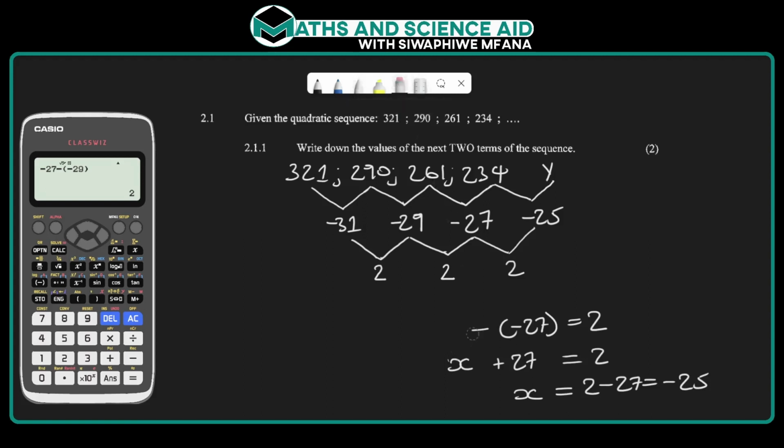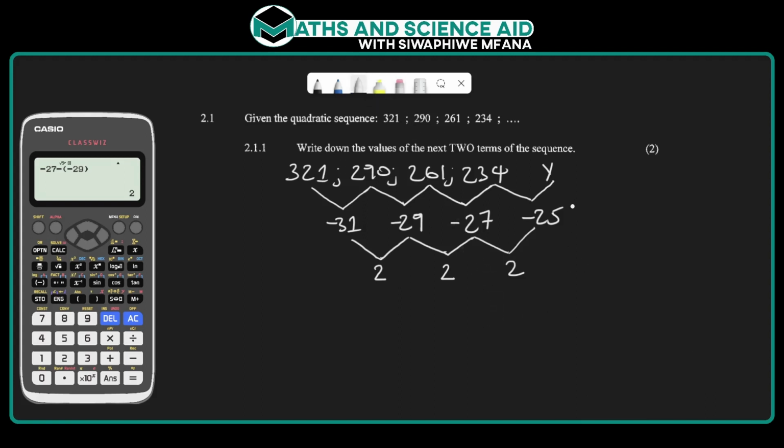And then we know that y minus the 234 must equal to negative 25. Okay, and so we can solve for our y value there, and it is going to be equal to negative 25 plus 234.